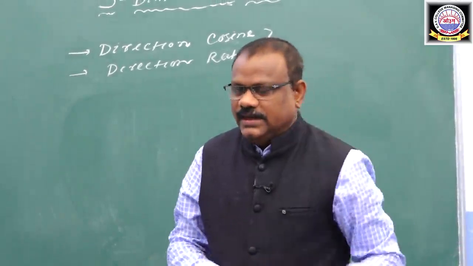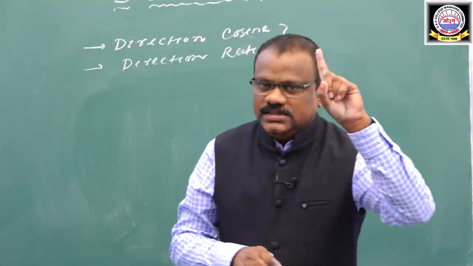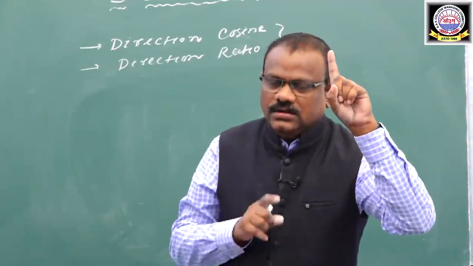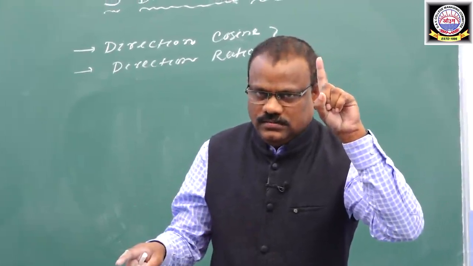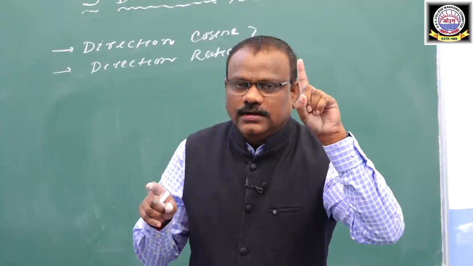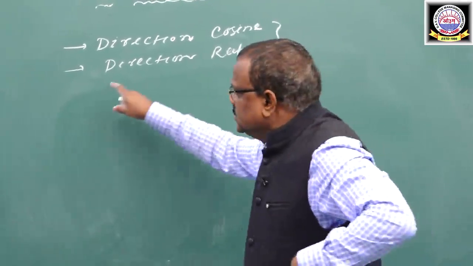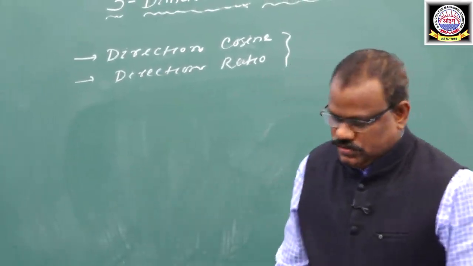So once again I am telling you, to enter inside the chapter, the highest requirement is imagination. You have to imagine. The knowledge of vectors is adequately required. Then the third requirement is the first concept I told, direction cosine and direction ratio.